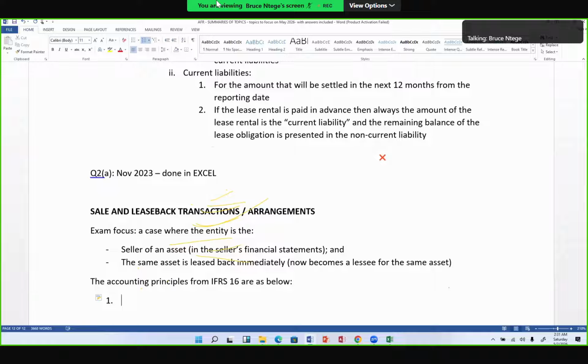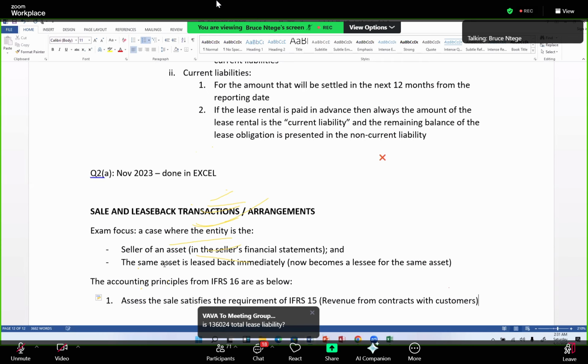One is always assess whether the sale satisfies the requirements of IFRS 15. Remember, we did IFRS 15 as revenue from contracts with customers. Okay, so does this sale transaction satisfy IFRS 15's requirement of performance obligations being satisfied?